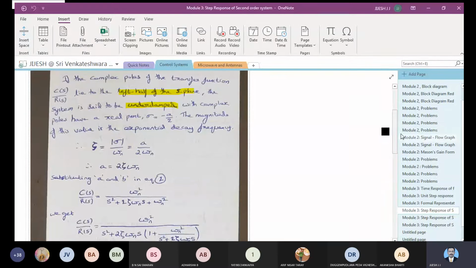What I'm going to do here is take s square plus 2 zeta omega n s outside in the denominator, so it will be left with 1 plus omega n square divided by s square plus 2 zeta omega n s. Then we are going to simplify it further. I'm just rearranging the equation.